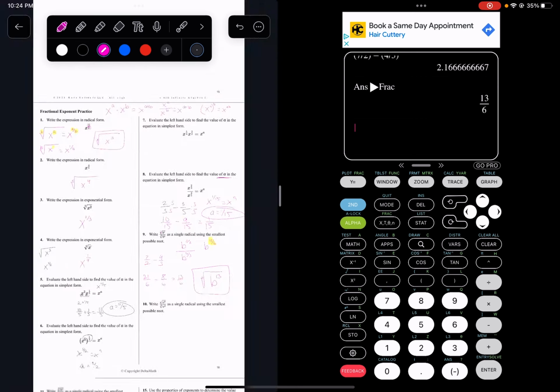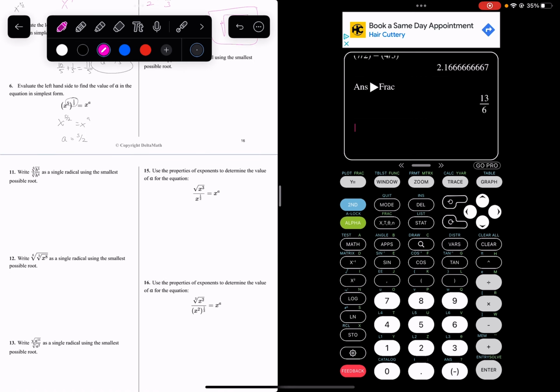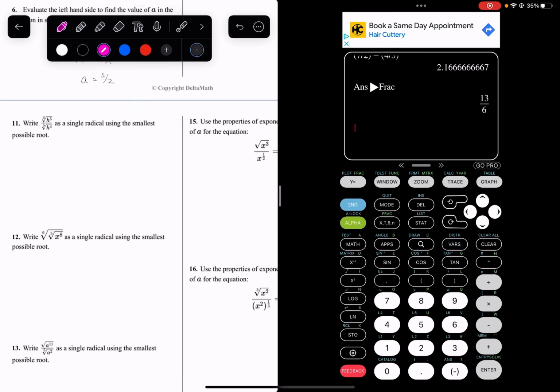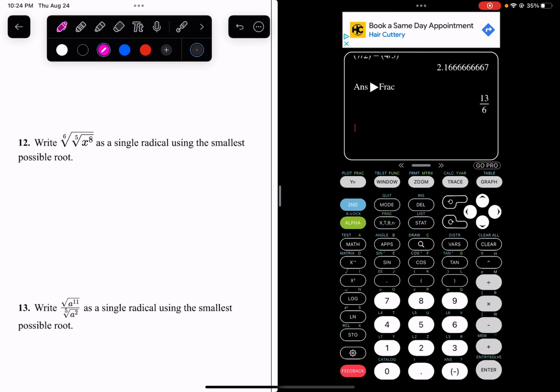All right. Let's see. Ooh, this one's tricky. Okay. So first, we've got this guy on the inside. Let's just think about how we could write him. That's going to be x to the power of 8/5.